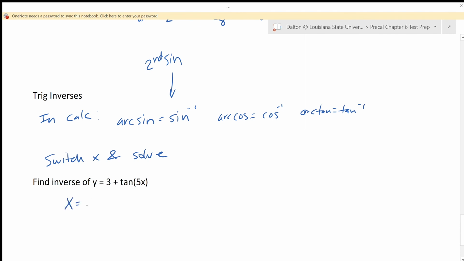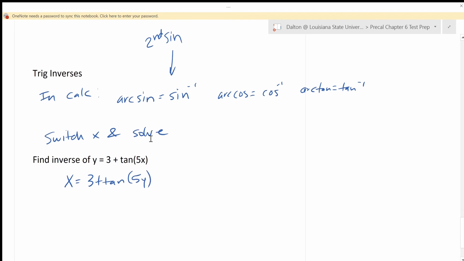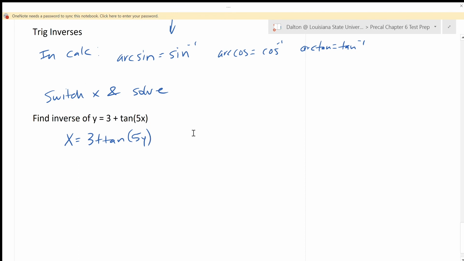X equals 3 plus the tangent of 5y. And then I want to get y by itself. So the thing to do is that we need to first isolate our trig function. So if I want to isolate that, I need to subtract 3 from both sides. So then I get x minus 3 equals the tangent of 5y.